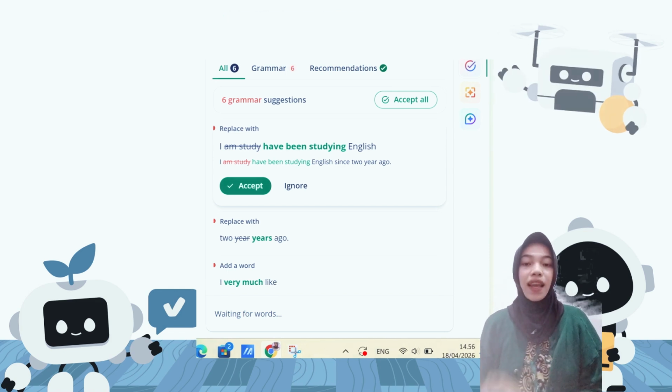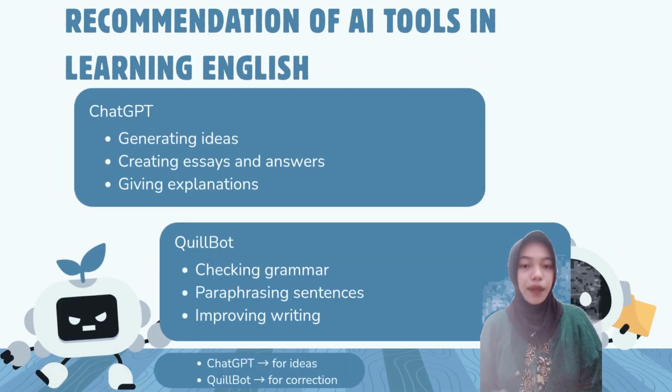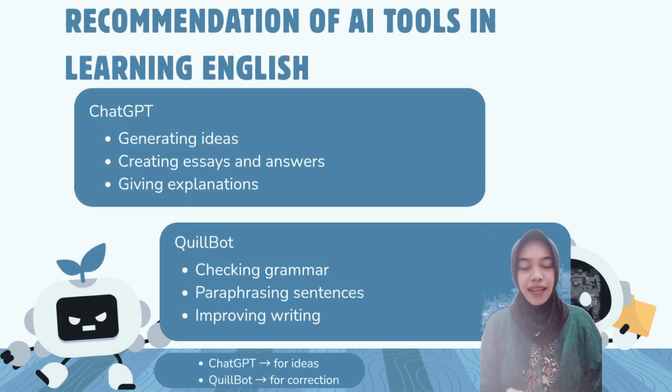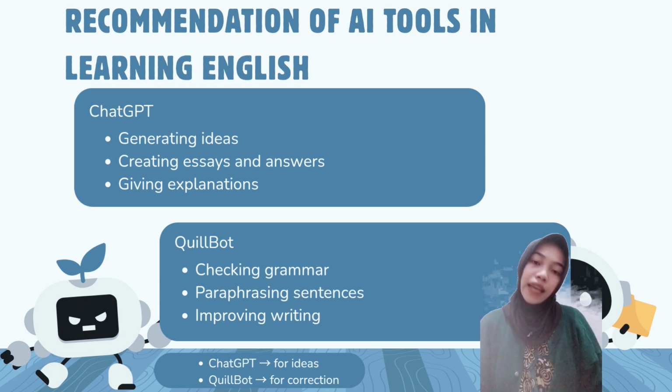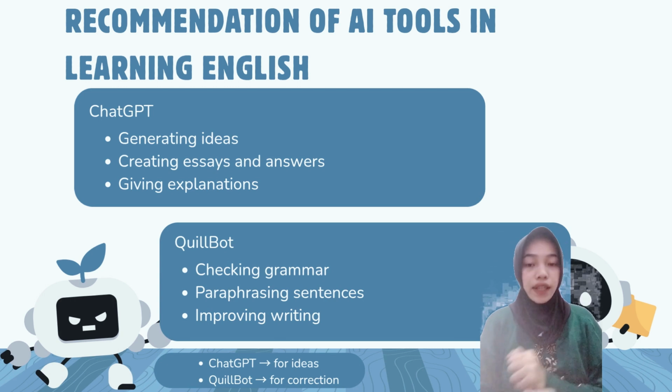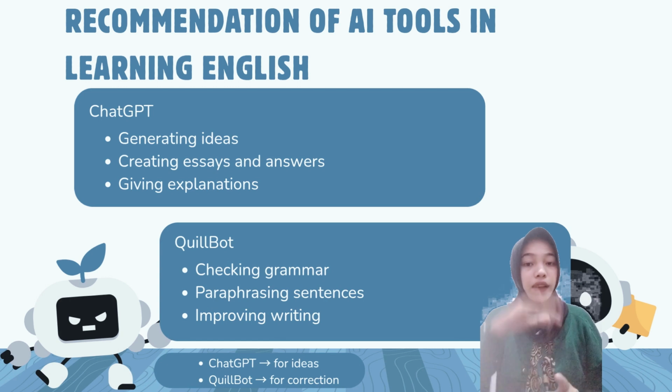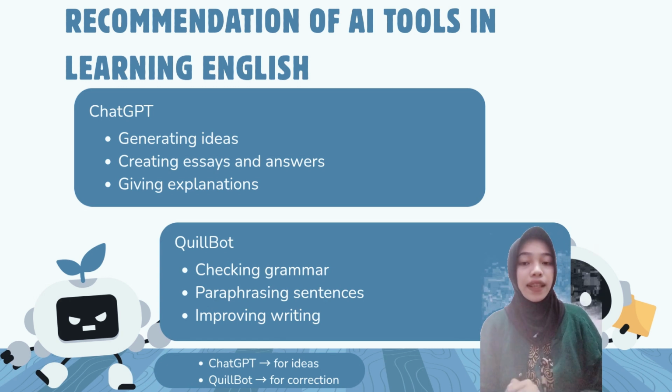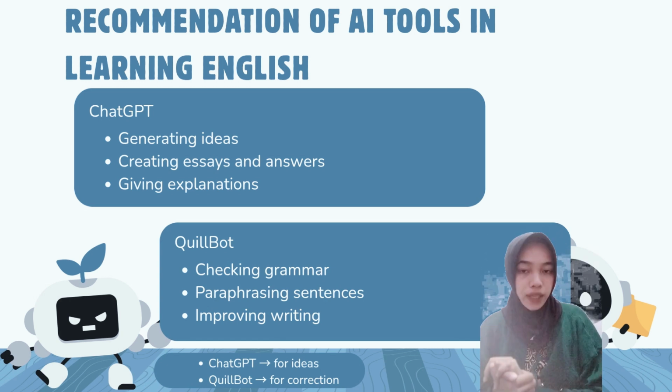Okay, next, I will explain the recommendation of using AI tools in learning English. First, ChatGPT is suitable for generating ideas. It helps students when they do not know what to write. For example, it can create essays, answers, and explanations. On the other hand, Quillbot is more suitable for improving writing.